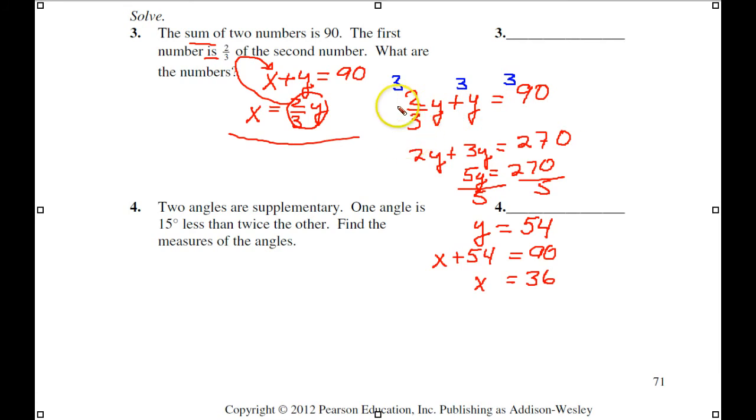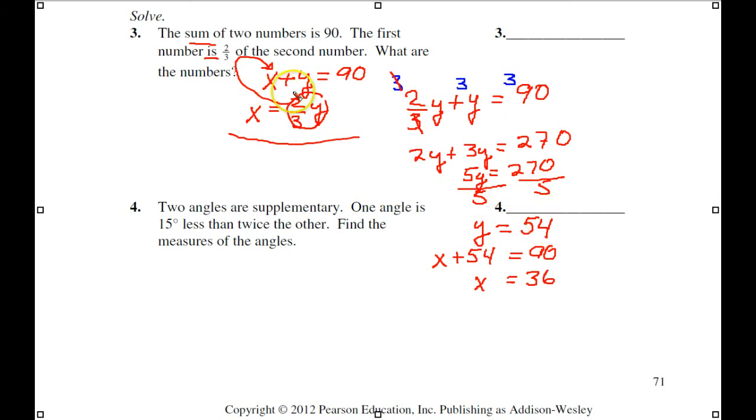Now, to get rid of the fractions, a technique from chapter 1, I'm going to multiply every term by 3. Here now the 3's cancel out, and I'm left with 2y plus 3y equals 270. Group like terms, divide both sides by the numerical coefficient of our variable, which is 5. y equals 54.